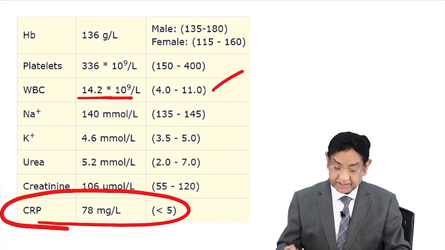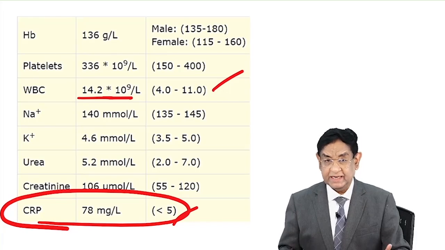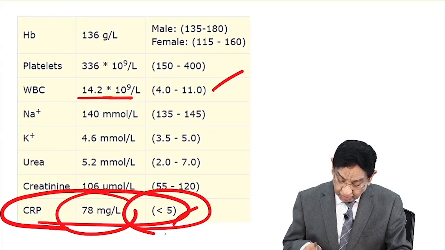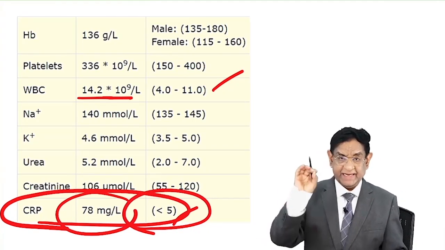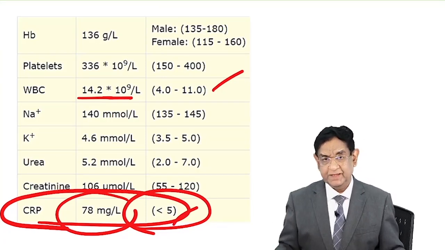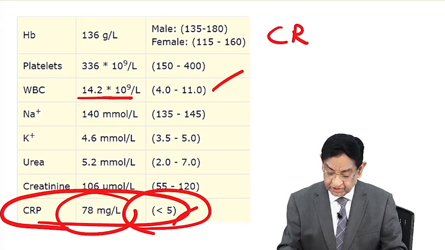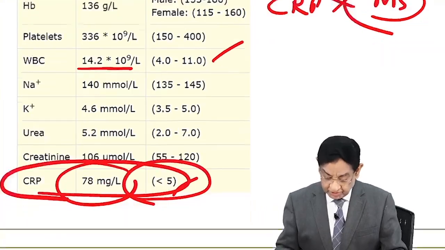CRP is 78 as compared to normal 5. And we all know very well that CRP increases in any inflammatory phenomena. And raised CRP is not a feature of multiple sclerosis at all. There is some other thing going on.